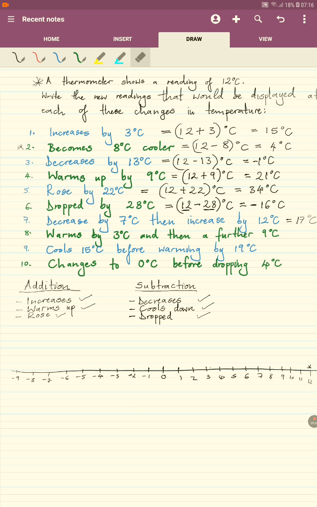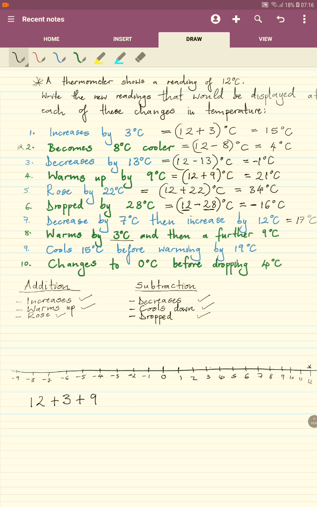The next question reads, the temperature warms up by 3 degrees, and then a further 9 degrees. So we are saying 12 degrees warms up, which means we are adding, and then a further 9 degrees also, which means we are adding in both instances.